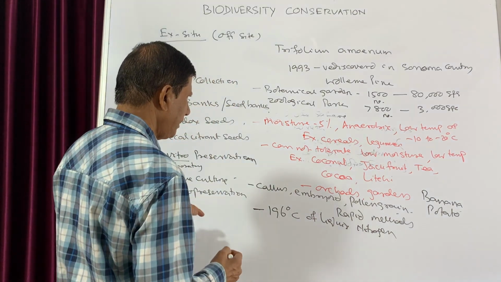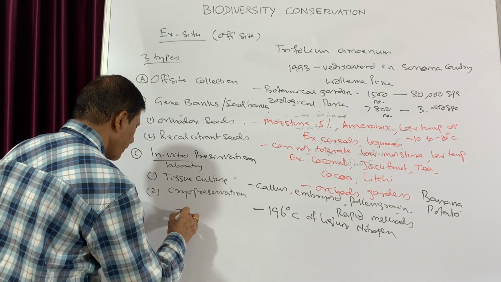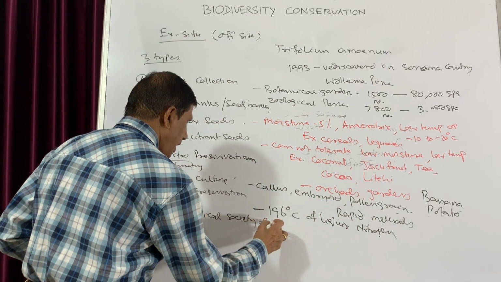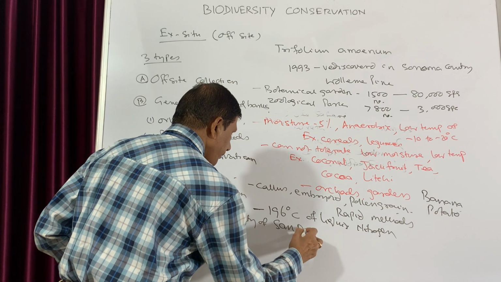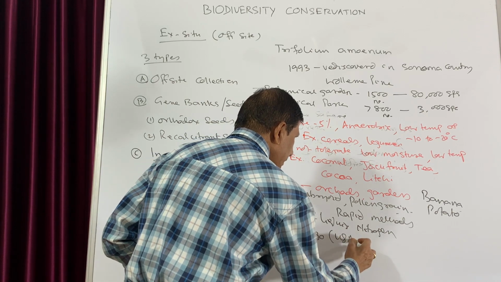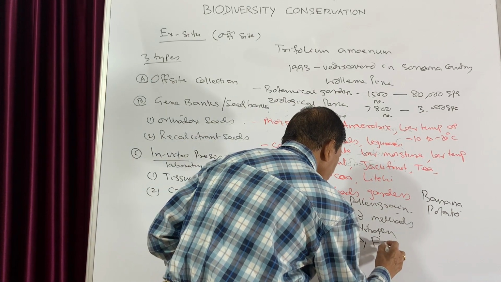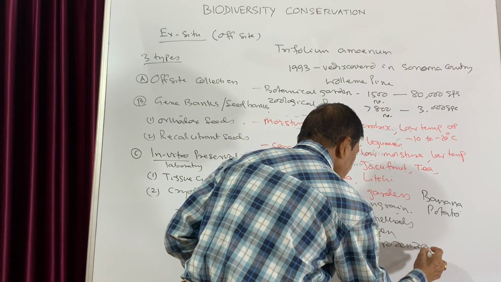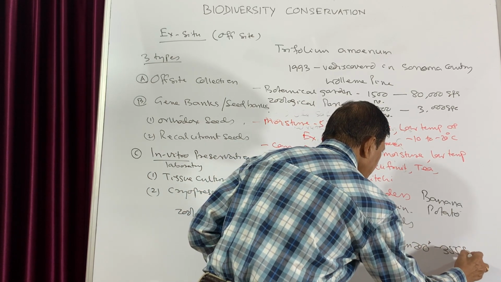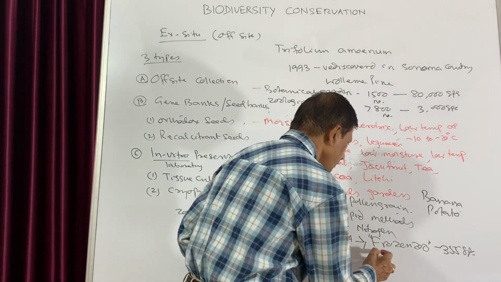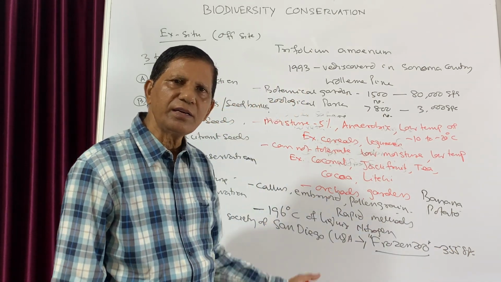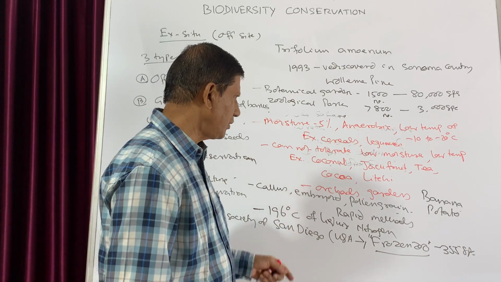Also you will find that the Zoological Society of San Diego, also in USA, has a frozen zoo where 355 species are preserved under cryopreservation. That is known as the frozen zoo. So that is also important.